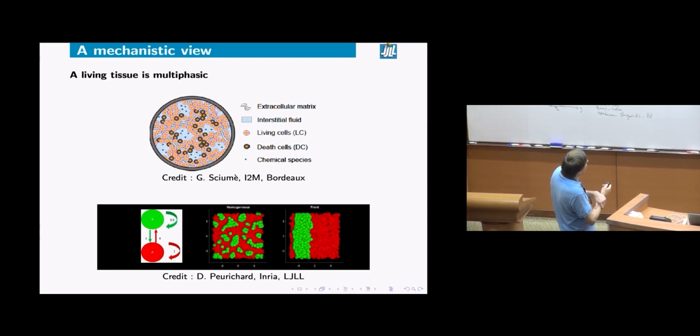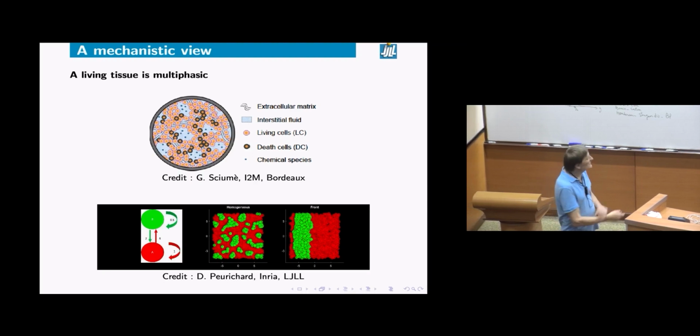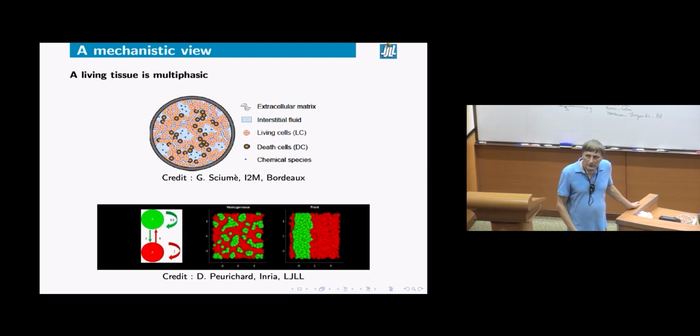When you have such a phenomenon with different multiphasic flow, one of the questions which comes naturally is, are these different species able to mix nicely with each other, or will they create boundaries? In which circumstances do you create one or the other?